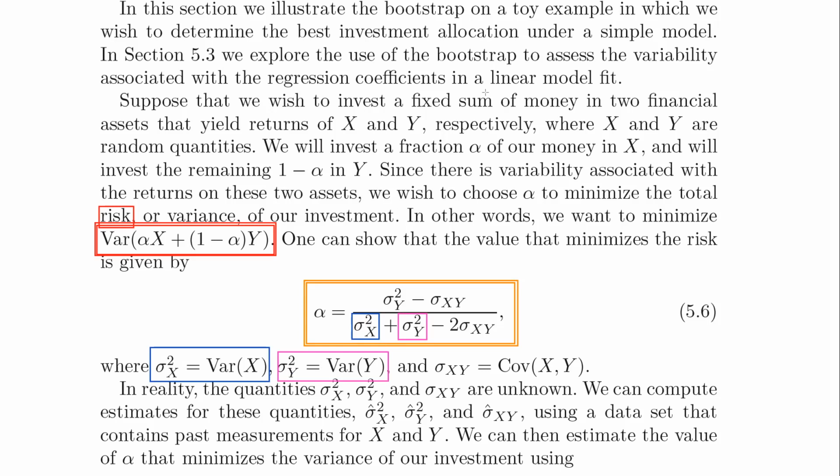And the final term that appears is what is known as the covariance of x comma y. Again, for the purposes of this book, just think of it as the variability within x and y.